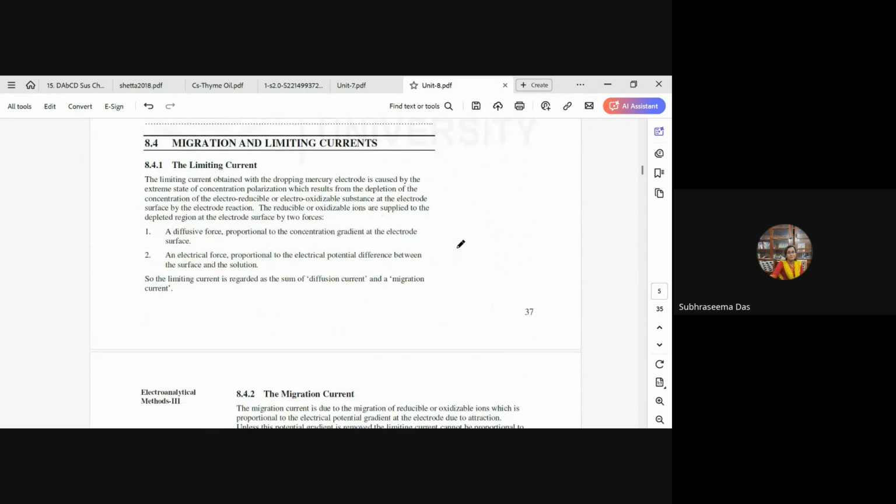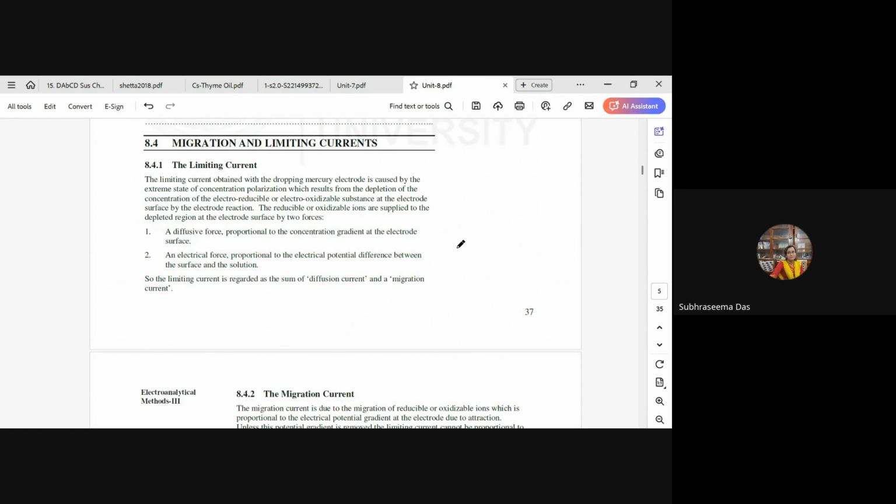Then coming to migration and limiting currents. The limiting current obtained with the dropping mercury electrode is caused by the extreme state of concentration polarization, which results from the depletion of the concentration of the electroreducible or electro-oxidizable substances. The reduced or oxidized substances are supplied to the depleted region by two forces.